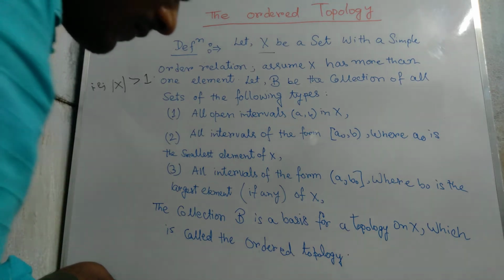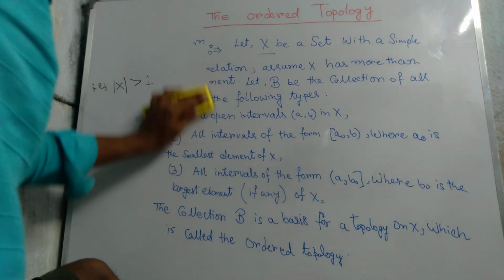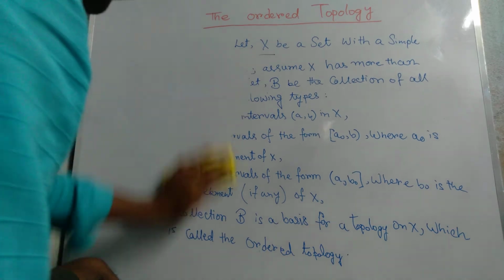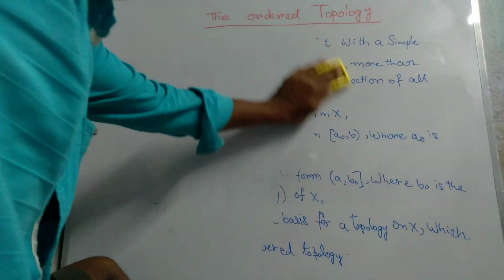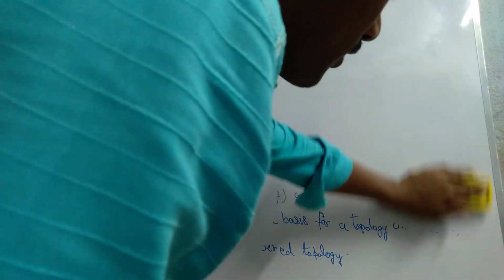Now let us look at some familiar examples. Which example is most important for us? We first start with the standard topology.